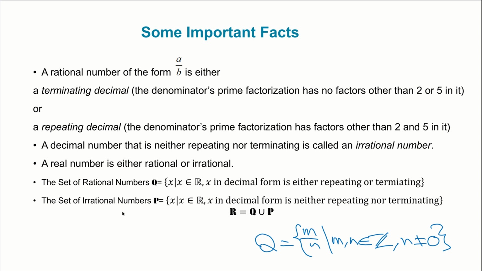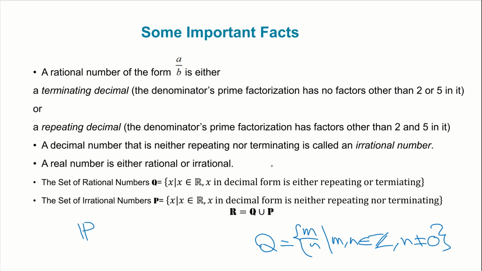The set of irrational numbers can be written in this way. All x such that x belongs to the set of real numbers, and that x in decimal form is neither repeating nor terminating. Another way that sometimes the set of irrational numbers is referred to is in this manner.